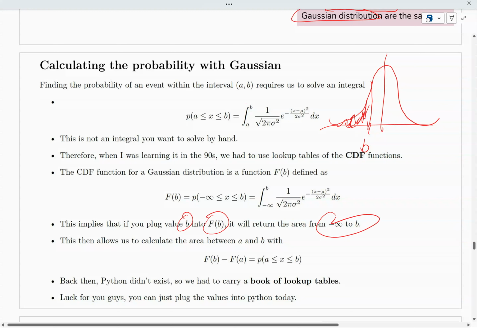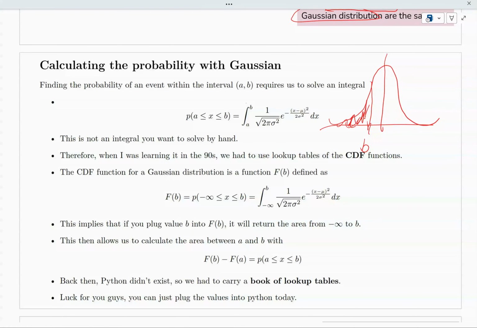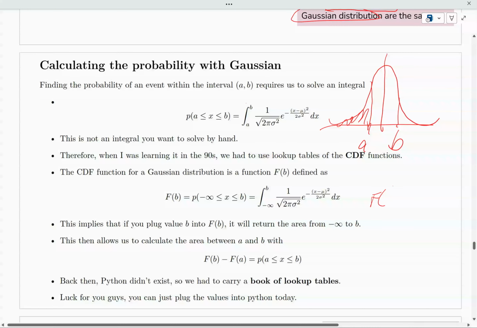So long story short, when we want to find the area between a and b, we have to find the area to a and then the area to b. If you find the difference between them, that gives you the area in between.